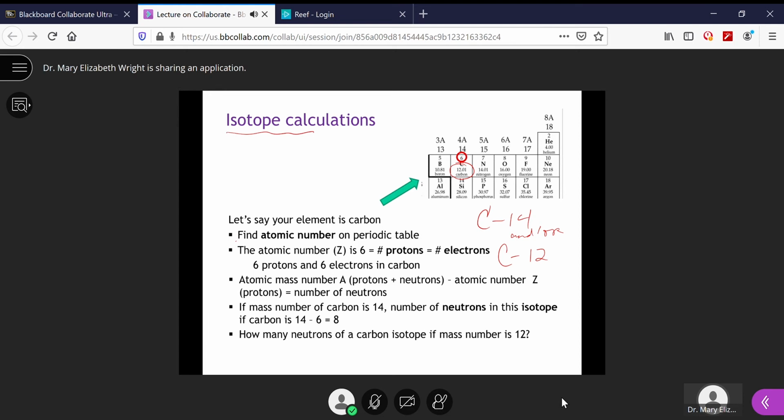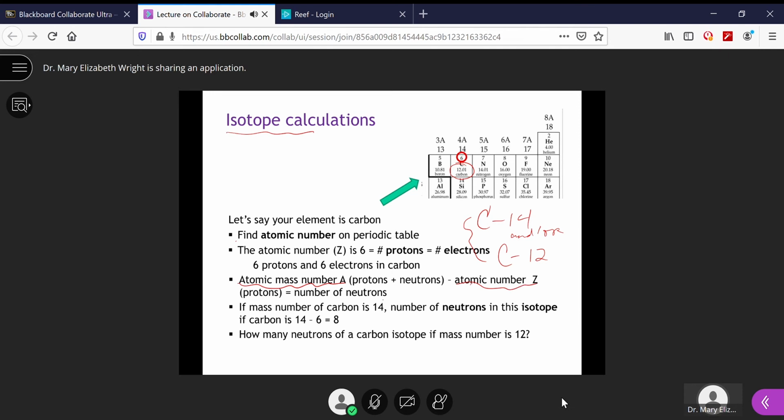Well, the first thing that's going to be constant between these two different isotopes is they're going to have the same number of protons. We've said that over and over again, right? So it's going to have 6 protons, no matter what isotope we're talking about. The mass number is going to vary, but the atomic number is going to remain constant.